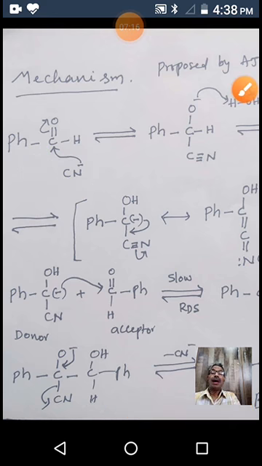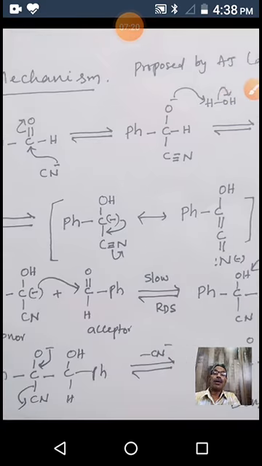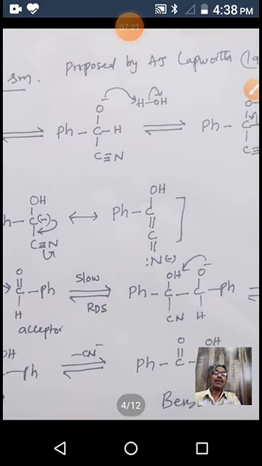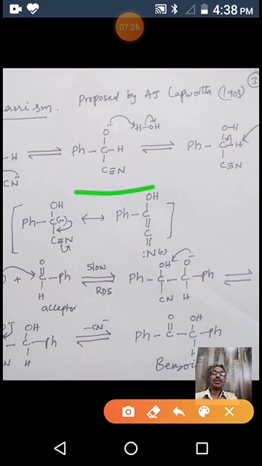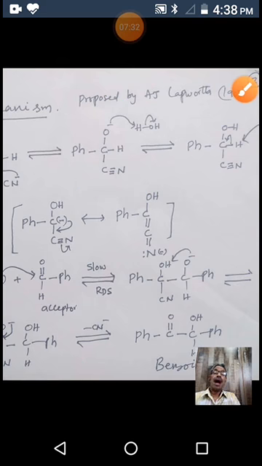On attack of the cyanide ion at the carbonyl carbon, we get this type of ion. Cyanide attacked the carbon and the O became O minus. So this O minus abstracts a proton from water. Why?